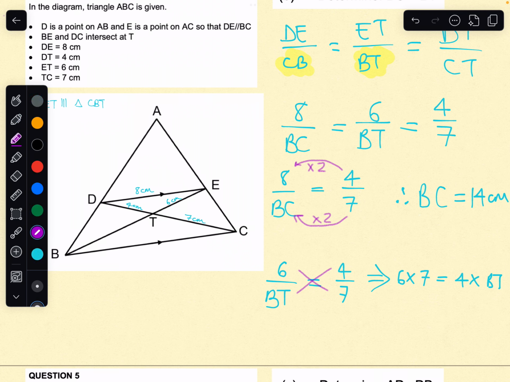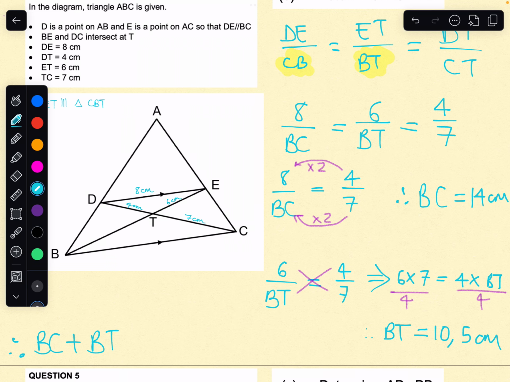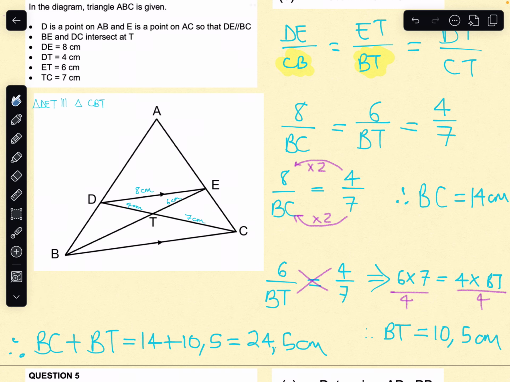Then we divide by 4 on both sides, and so BT works out to be 42 over 4, which is 10.5 centimeters. And so BC plus BT would be equal to 14 plus 10.5, which would be 24.5 centimeters.